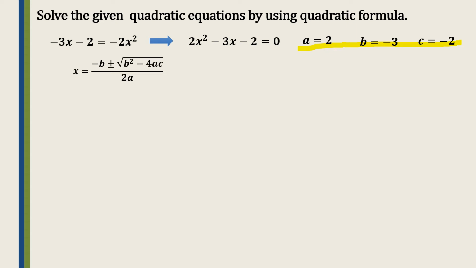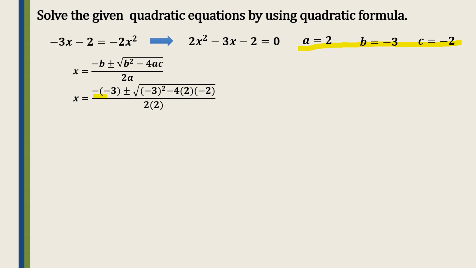Ang quadratic formula natin ay x equals negative b plus minus the square root of b squared minus 4ac all over 2a. We will have now x equals, sige, dito tayo tingin, negative.